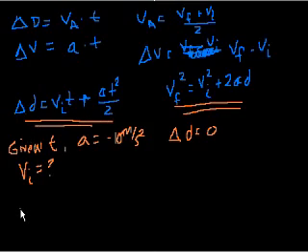So in this situation, change in distance is 0. Let me change colors again just to change colors. So change in distance is 0, right? Change in distance is 0 is equal to vi times time. And let me put the g in here. So it's minus 10 meters per second squared divided by 2.